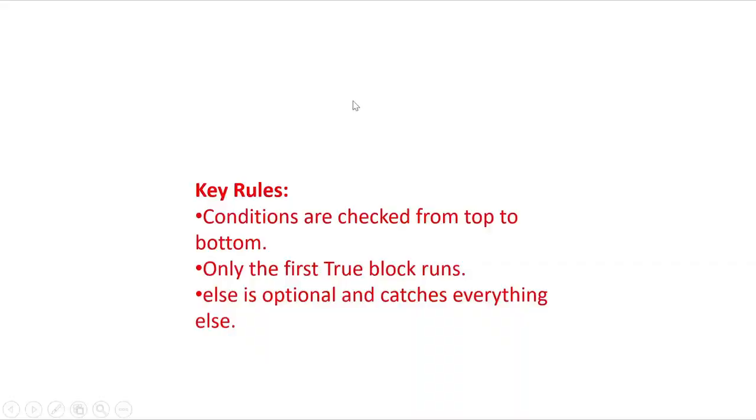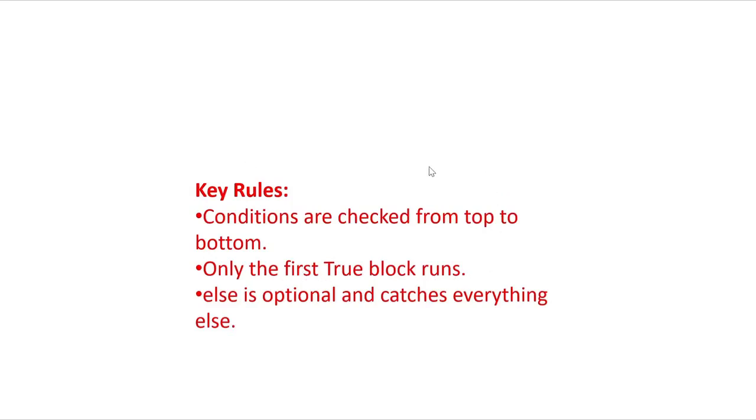Before we go forward, I would like to remind you of the rules of conditional statements. The first rule is that conditions are checked from top to bottom. While Python is checking the conditions, it checks from line 1 to the very last line at the bottom. Then only the first true block runs.